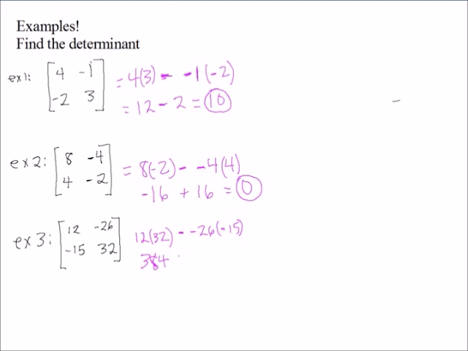These two negatives are plus, so it's going to be plus 26 times -15. So this is going to be 384 plus a -390. Okay? So this determinant is going to be -6. Okay? So finding the determinant is really kind of easy.